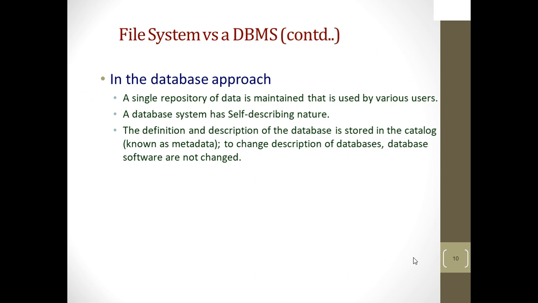Customer has customer ID, which is varchar of 10, customer name, which is varchar of 100, which stores 100 characters, and it has age, which might be a number. So it stores the complete details of the table, and that gets stored in the DBMS catalog. And this definition and description of the database is called metadata.